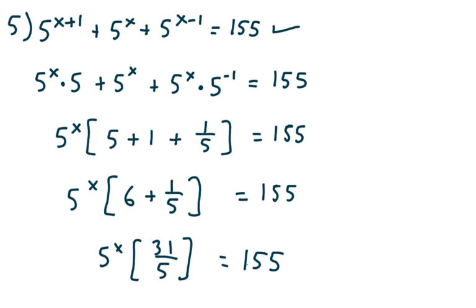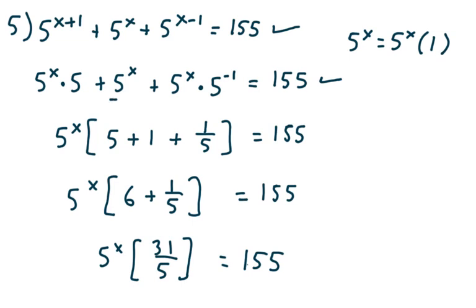So on the next line, again, using our laws of exponents, we can say 5 to the x times 5 plus 5 to the x plus 5 to the x times 5 to the negative 1 is equal to 155.